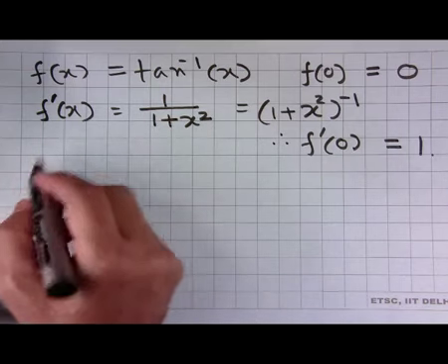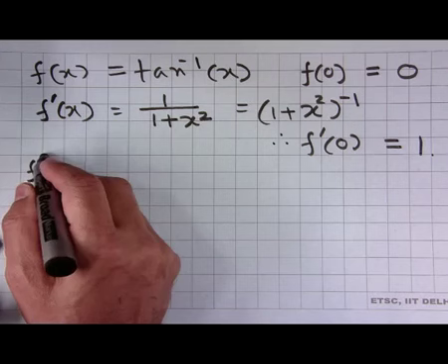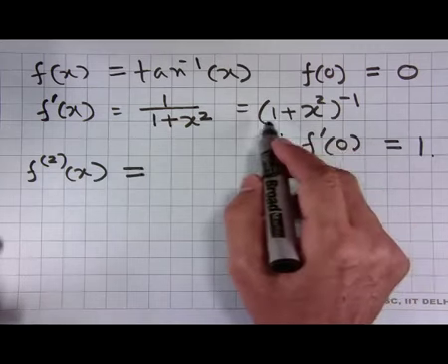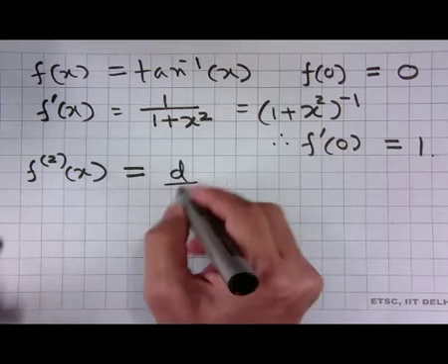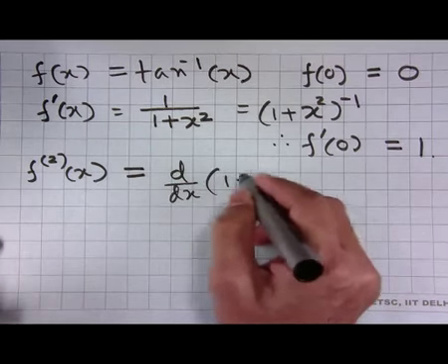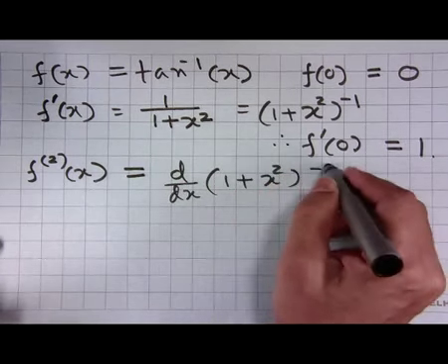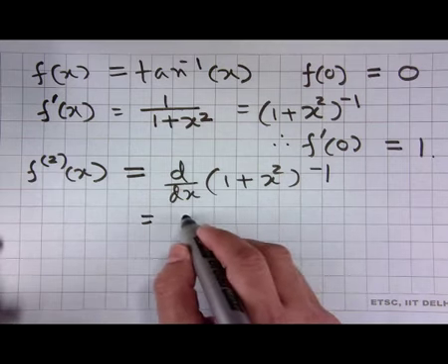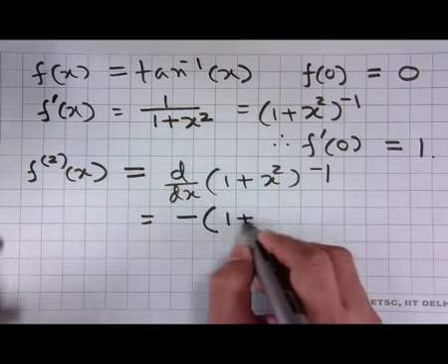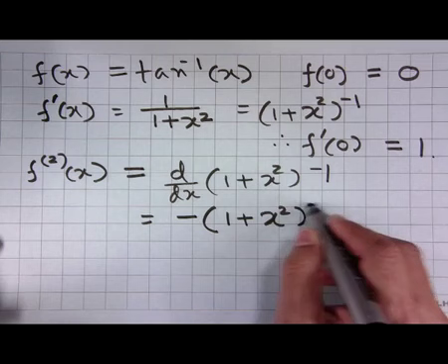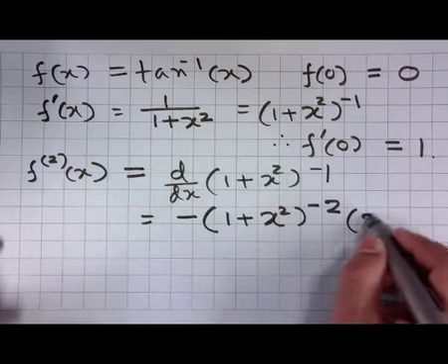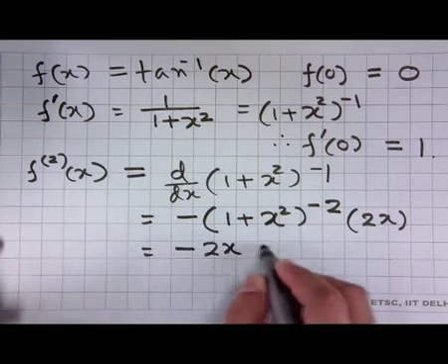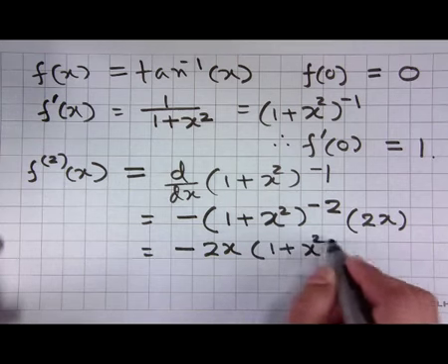Let us calculate the second derivative. Let me write it f 2 x, which is d dx of 1 plus x square to the power minus 1, which is equal to minus 1 plus x square to the power minus 2 into 2 x, which is equal to minus 2 x into 1 plus x square to the power minus 2.